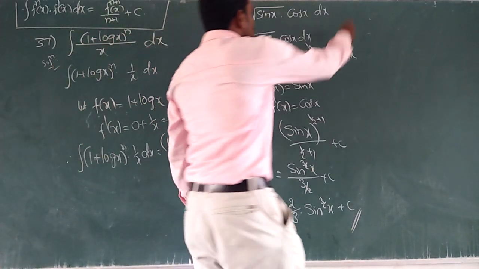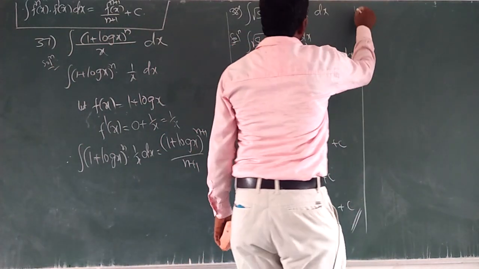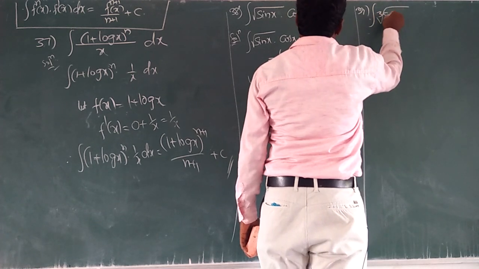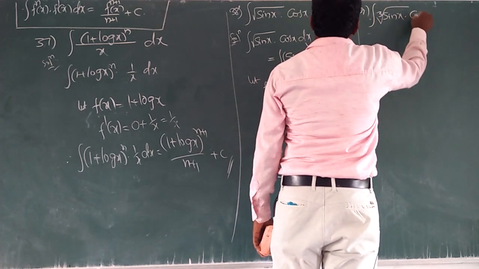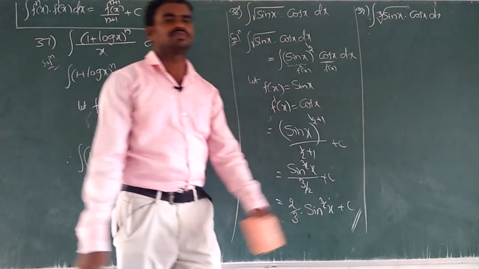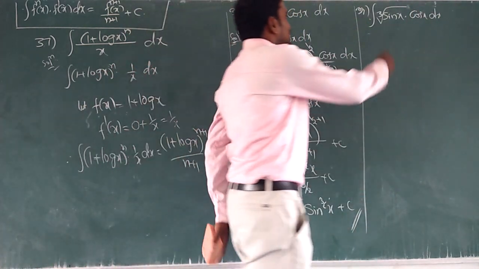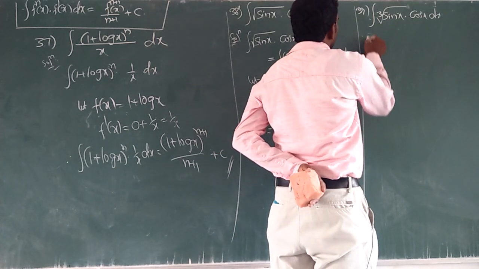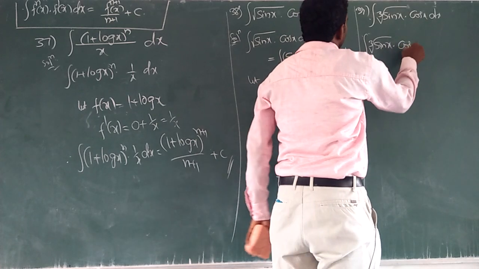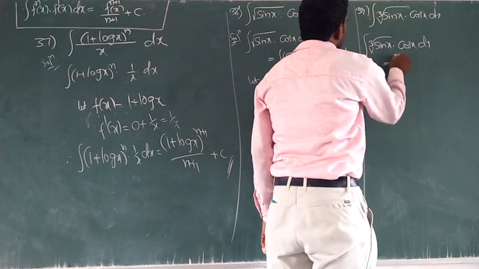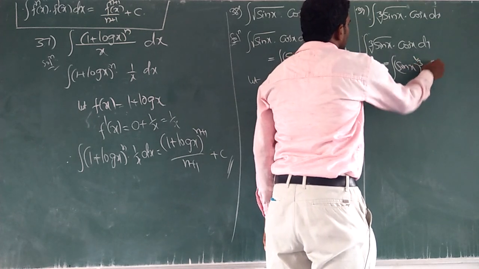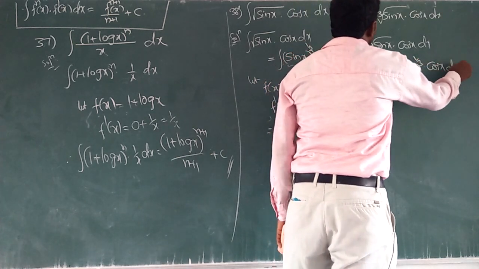Okay. Next, the same type of problem, 39: integration of cube root sin x into cos x dx. So to solve this problem, the same process. Cube root sin x means sin x power 1 by 3 into cos x dx.